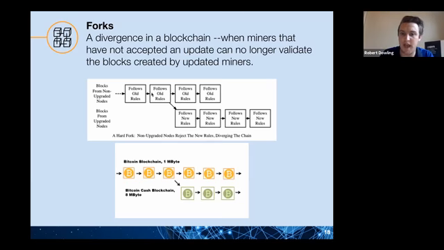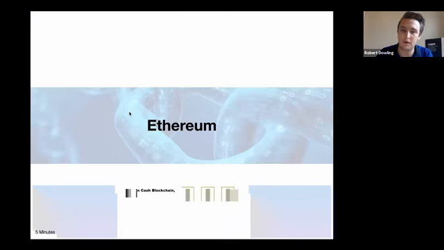You can have the original blockchain with its original miners following the old rules, and then a new blockchain, which is the same as the old blockchain all the way up to a certain block, and then implements new rules at some fork. And then certain miners can decide to start building on that new blockchain if they want to. So that's how that forking process works.